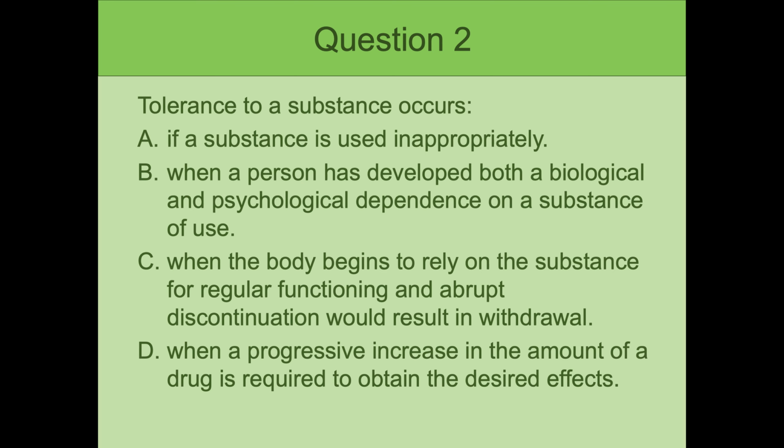So when withdrawal is present, that's physical dependence. B, when a person develops a biological and psychological dependence on a substance, that's usually what we're talking about with addiction. And then A is kind of a more judgmental way of talking about addiction. That's going to be a not preferable way that we want to talk about it.